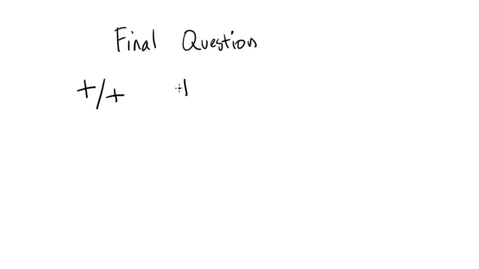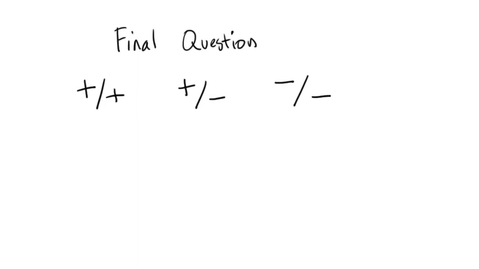Now, my final question to you, and you'll answer this for me on the test, is as follows. Earlier in this lecture, we classified the interactions between two species as plus plus for mutualistic, plus minus for parasitic or predatory, or minus minus for competitive.